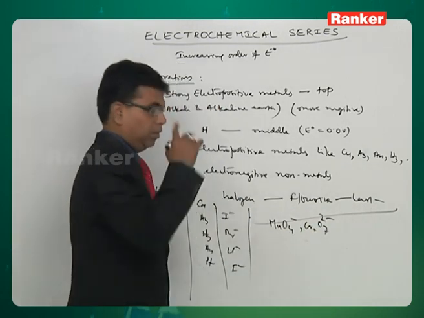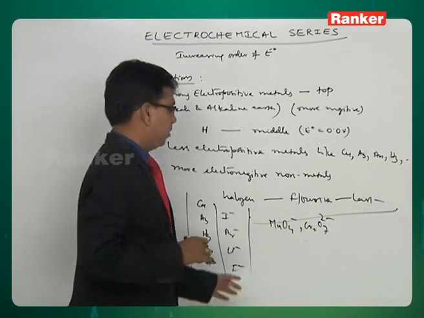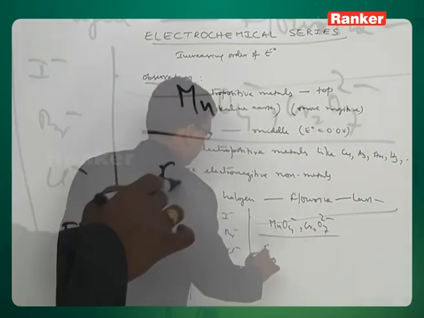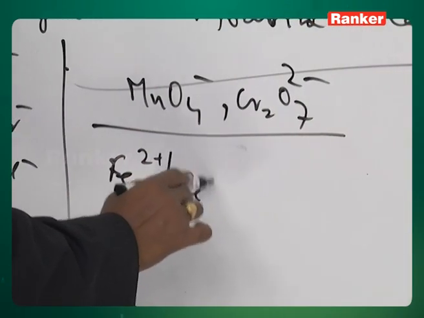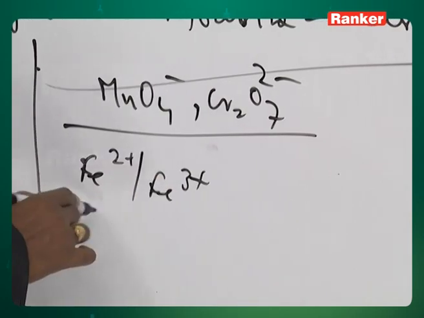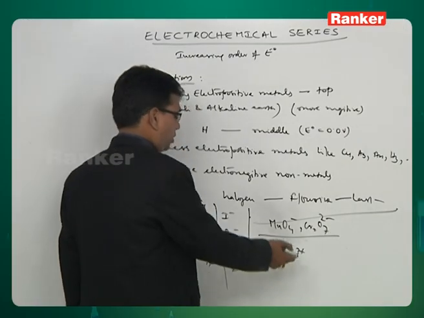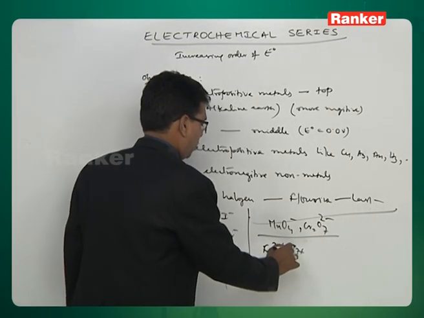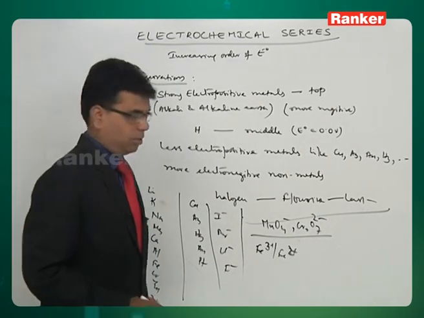And even for ions, Fe2 plus and Fe3 plus, Fe3 plus to Fe2 plus is reduction, because here we are always talking about reduction.